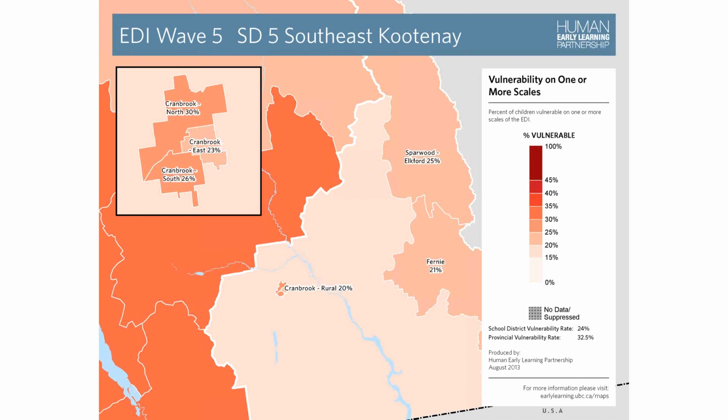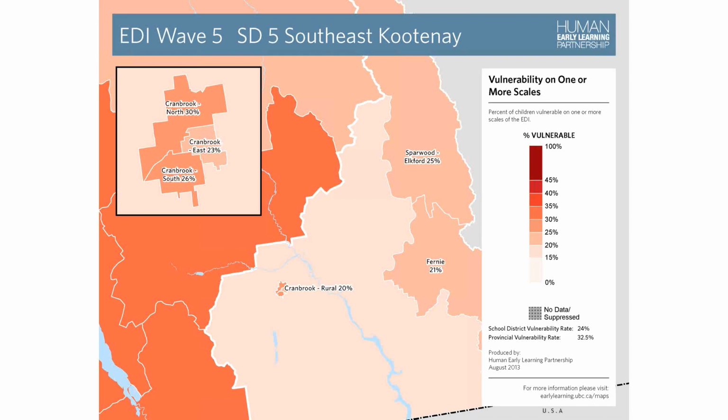Then we have a big area that is called Cranbrook Rural, so it's all of that land that is surrounding downtown Cranbrook, but not as far out as Fernie and the Elkford Valley, obviously. And within Cranbrook itself, we have three neighborhoods named North, East, and South.